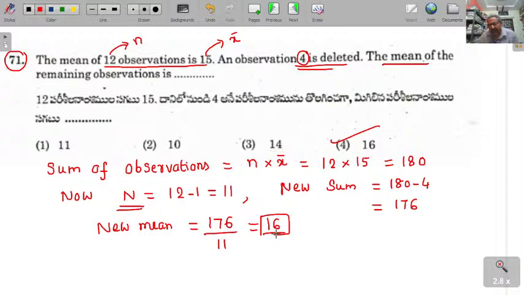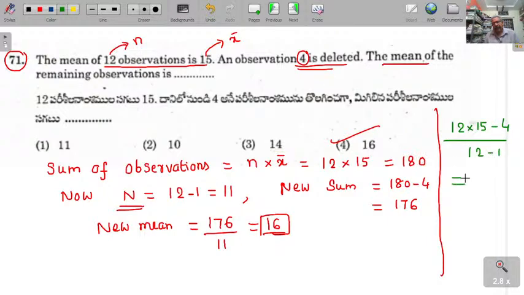So this is the way you need to do it. Otherwise you can do the other method also, the direct method. You can adopt this simple direct method. First 12 into 15, write down and subtract 4, divide by 12 minus 1. 12 into 15 is 180, minus 4 is 176, divided by 11.